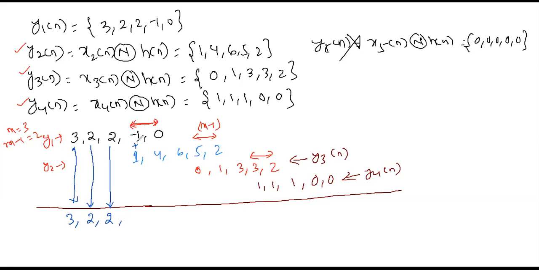Minus 1 plus 1 is 0. Similarly, this is 0 plus 4, which is 4. Now again 6, no change as usual. Then this is 5 plus 0, it is 5.